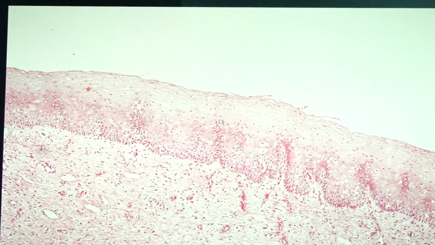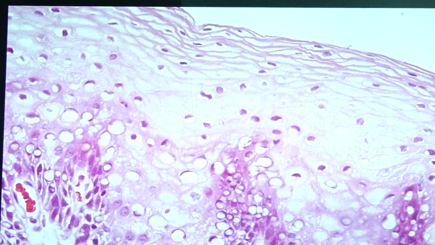The lining epithelium would show the presence of immature cells at the basal portion. How do you know that they are immature? They are identified by having darker nuclei and scanty cytoplasm. So they are the immature basal cells.